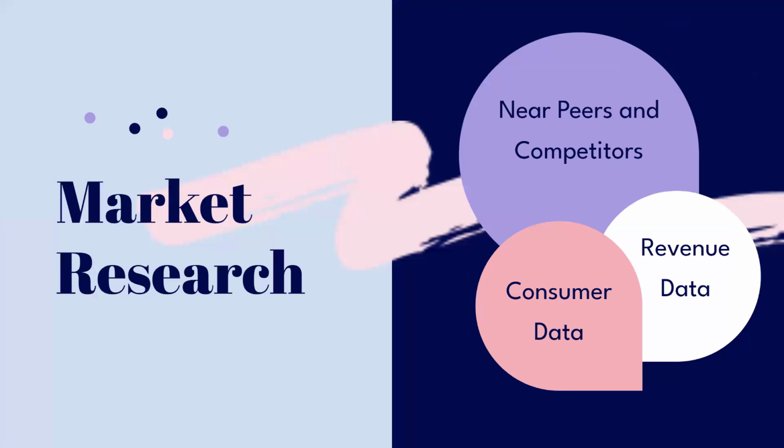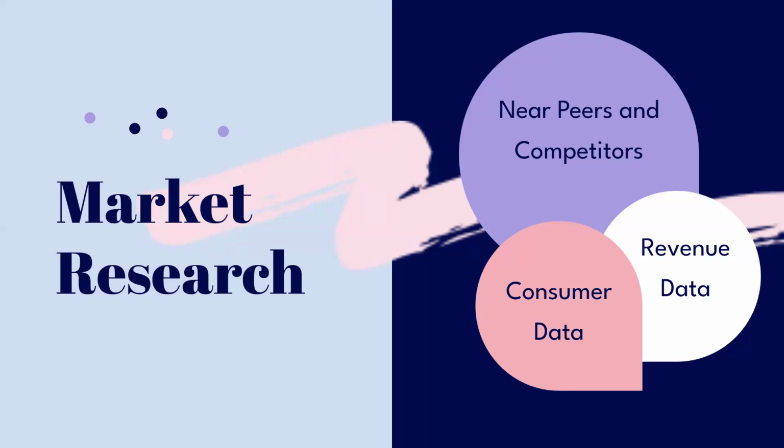So market research matters. Terry talked about that a little bit, but I just want to emphasize that you can find your near peers and competitors through market research. And competitors can be helpful because knowing what the landscape of your industry looks like in specificity helps you think critically about the kind of data you need in order to be successful.